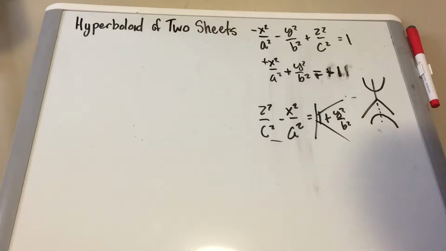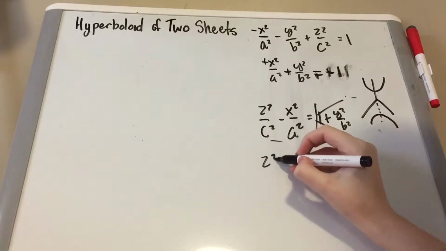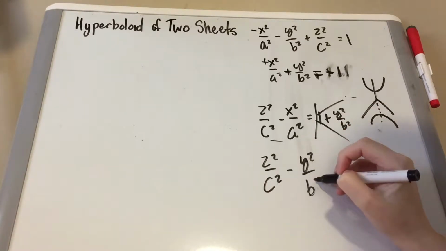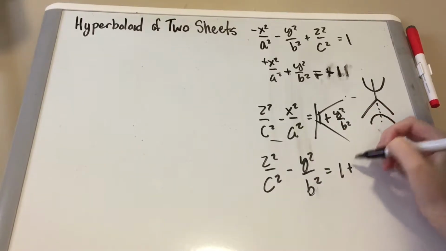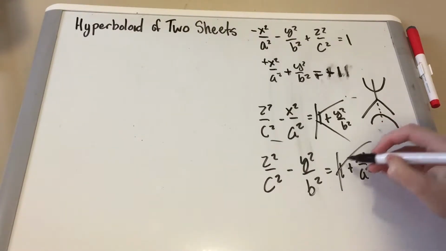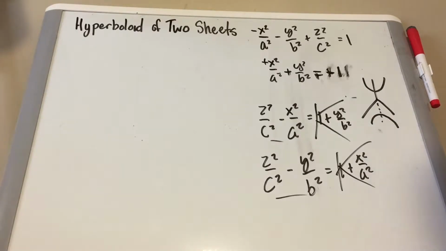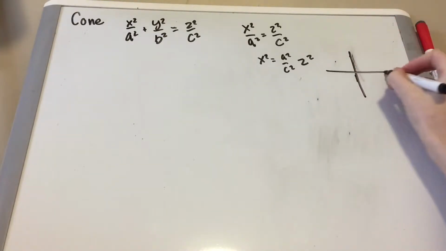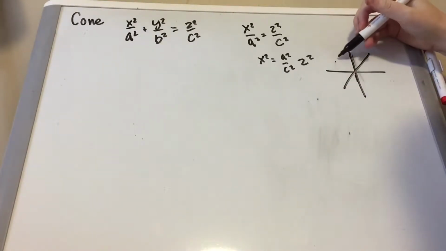And likewise, if we do z squared over c squared minus y squared over b squared, we get 1 plus x squared over a squared, which is also a constant and is also a hyperbola. It will look something like this.